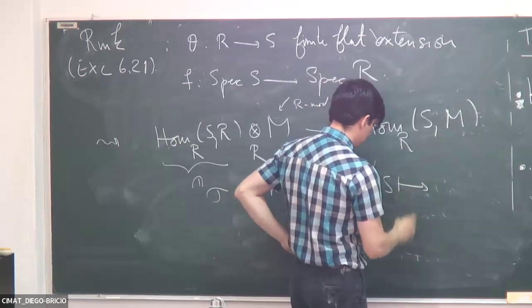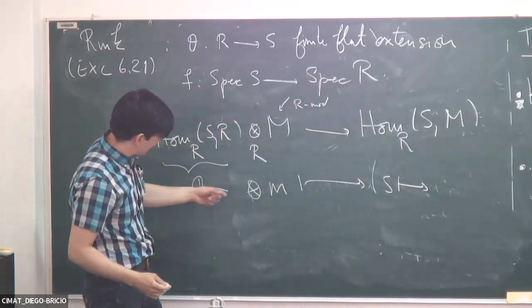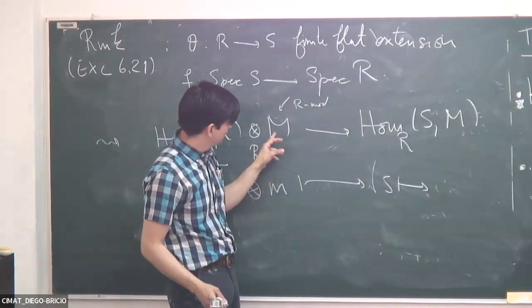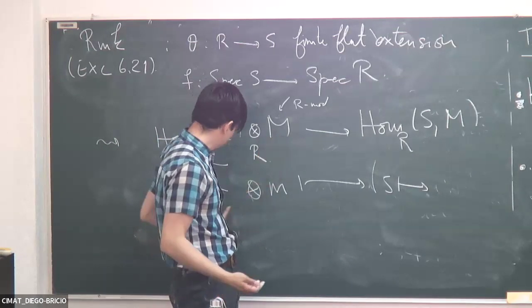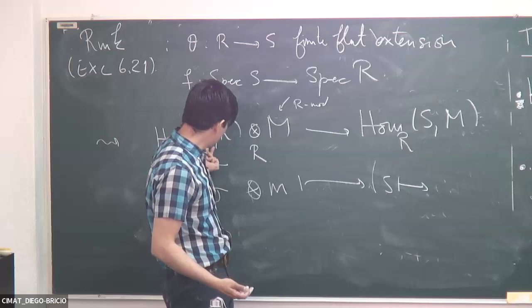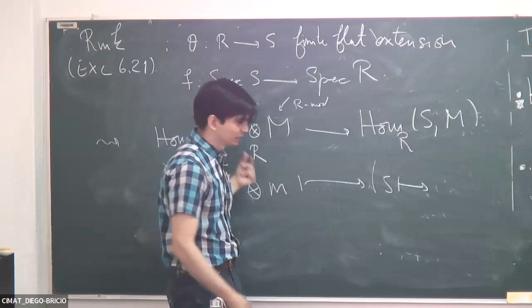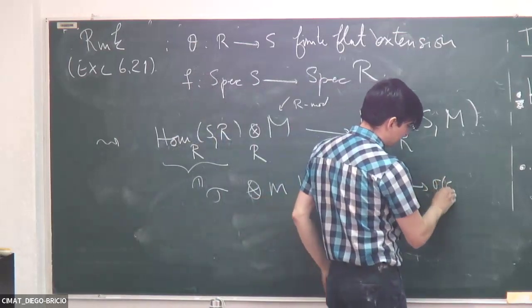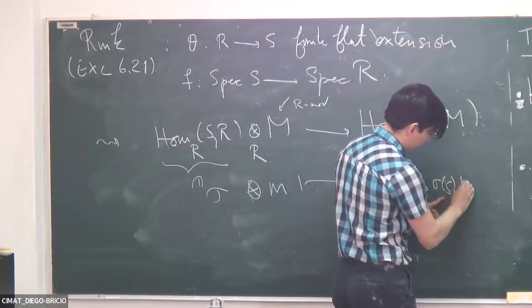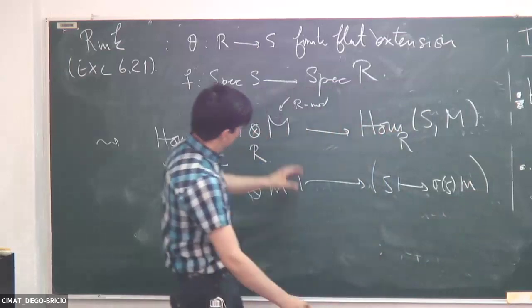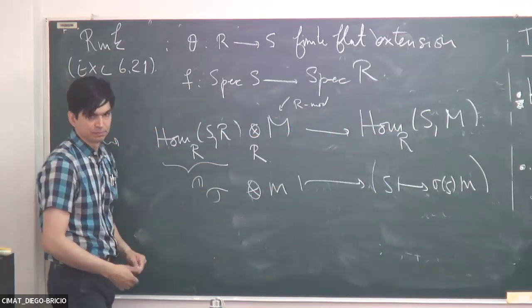So I'm going to take S, and the point is that S cannot act on M, right? Because M is an R module. But if I have a sigma, I can take that S and make it an element of R. So I can take sigma S, now it's an element of R, and therefore it can act on M. So I can just do this. Okay? And so there is a canonical map like that.